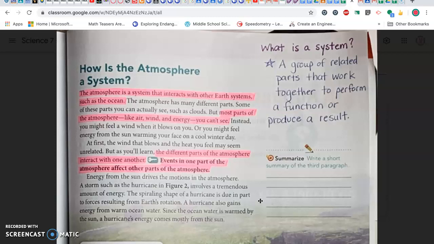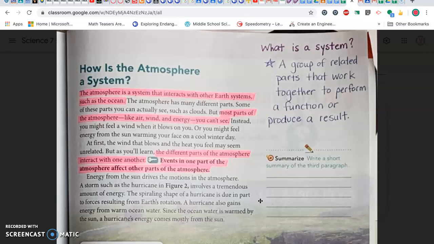The hydrosphere is the water, the geosphere is the land, the atmosphere is the air, and there's one more, and I can't remember it off the top of my head. But the point is, all of these spheres on Earth interact with one another in a system, in a way in which they influence each other to end up in a result.